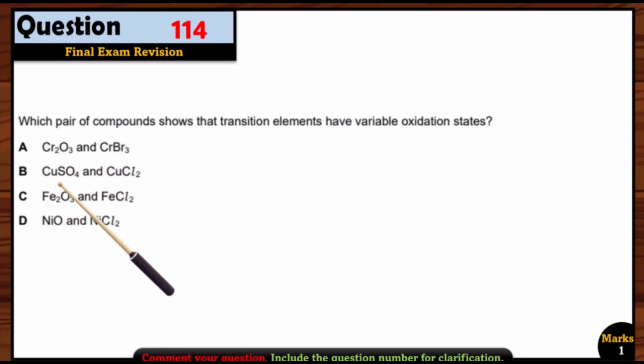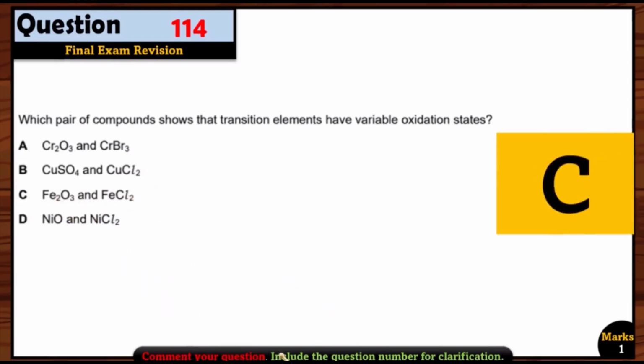Now let's see for this one. Copper sulfate. Sulfate usually has -2 oxidation state, and copper here will have +2, okay? So here, copper of course will have +2 again because Cl is actually 2 here. Now let's see for option C, Fe2O3. It means iron has 3 oxidation state here, and here iron has 2 oxidation states. So option C is the correct option here.